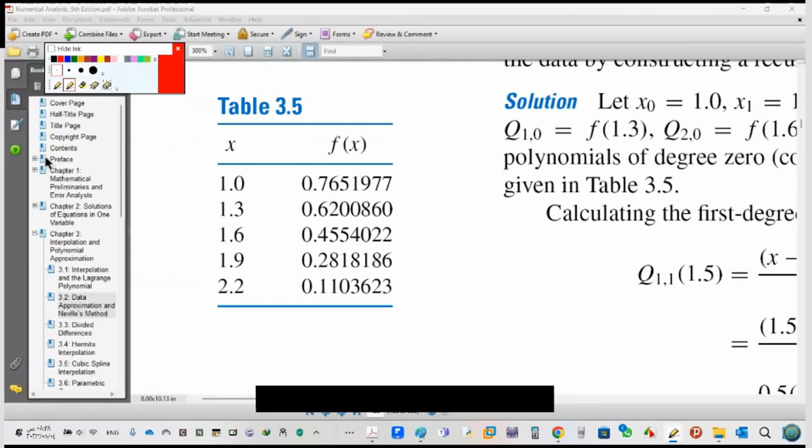And here I want to find the values. So this is x0, x1, x2, x3, x4, and this is b0, b1, b2, b3, b4. So this, I guess it's clear.